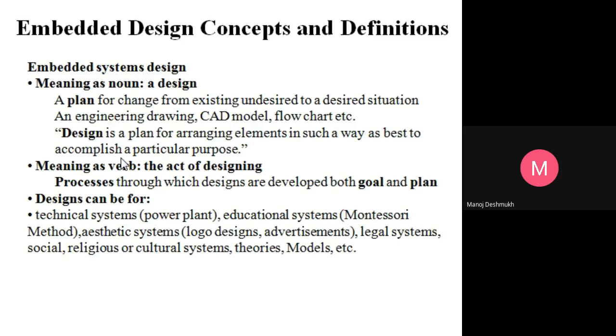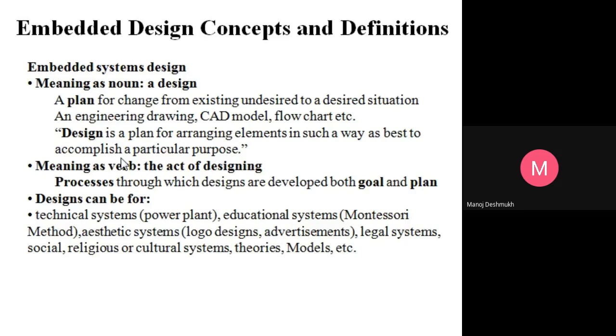As we have seen, an embedded system does not always deal with a single microcontroller. It may consist of multiple controllers and multiple controlling sections, stations, or devices also. So design is a plan for arranging elements in such a way as best to accomplish a particular purpose. Here the theoretical definition is there. Accomplishing means succeeding for a particular application, particular task. That's why it is called a design.